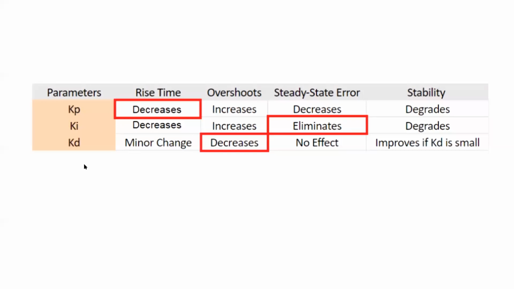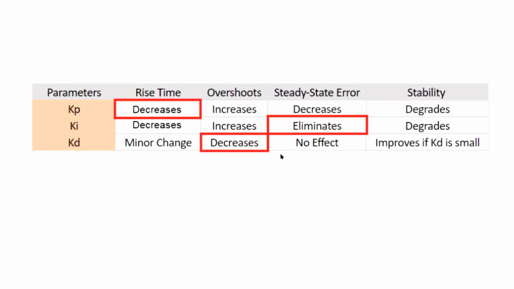When you added some gain for Ki, it eliminated the steady state error. Derivative can be thought of as a damper. What does a damper do? It will reduce the overshoots. Rise time has a minor change, that's all, but it decreases the overshoot. Steady state error, it has no effect.